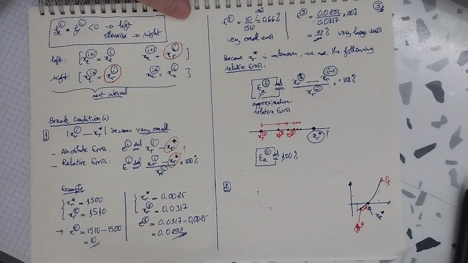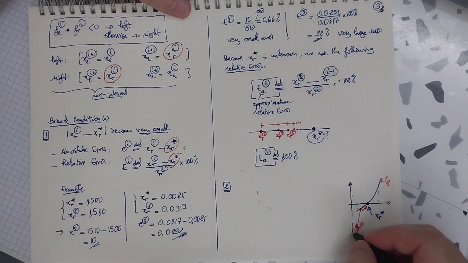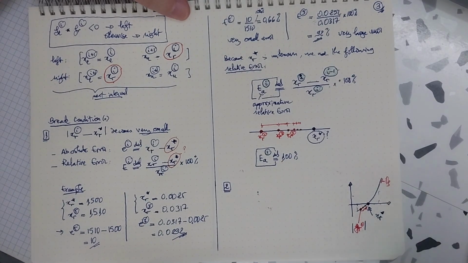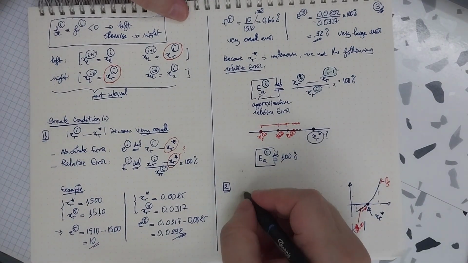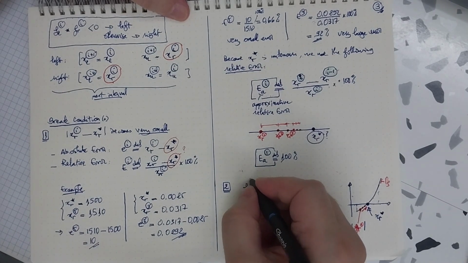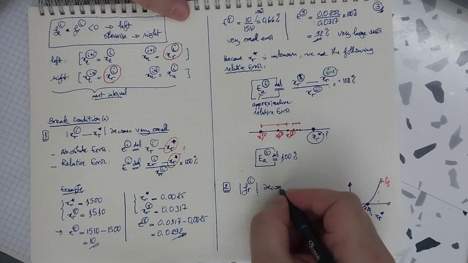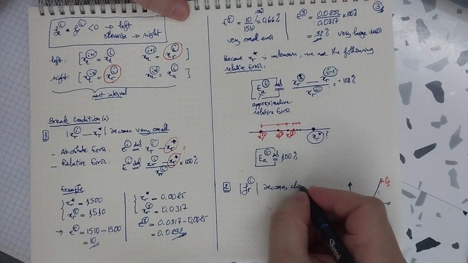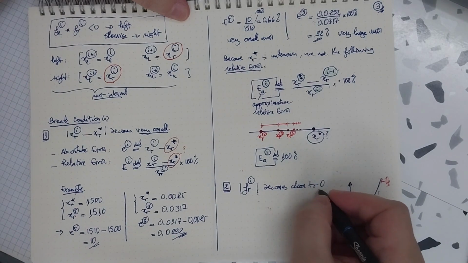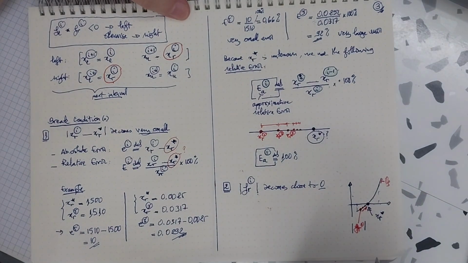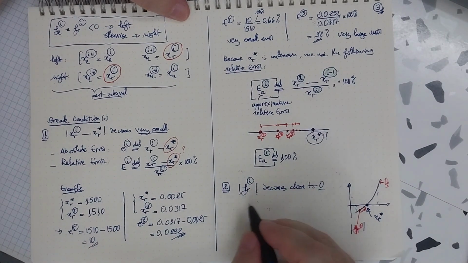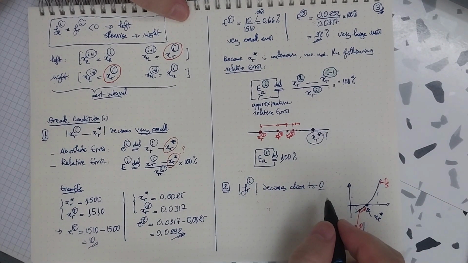So the second condition is based on the absolute value of FR. If the absolute value of FR at the ith iteration becomes close to 0, we stop. Here we don't need a relative error.